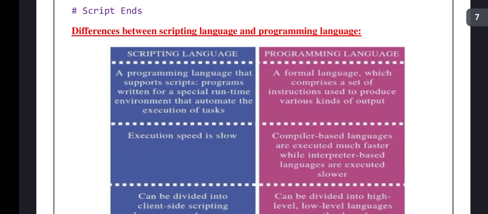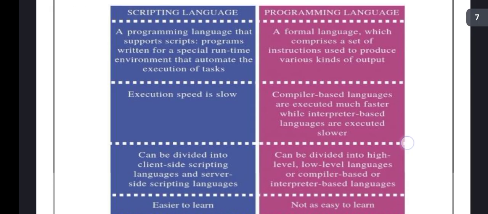Difference between a scripting language and a programming language. A scripting language is a programming language that supports scripts, programs written for a special runtime environment that automate the execution of tasks. A programming language is a formal language which comprises a set of instructions used to produce various kinds of output.